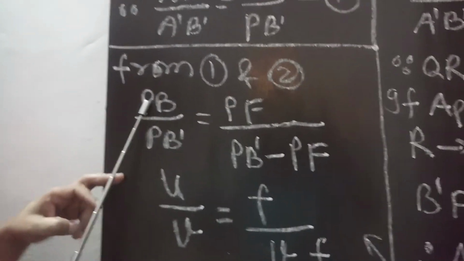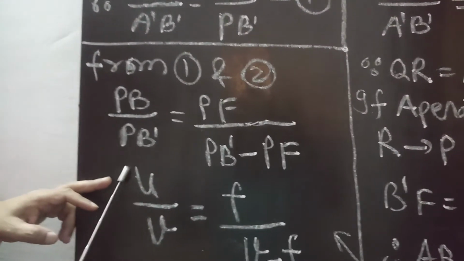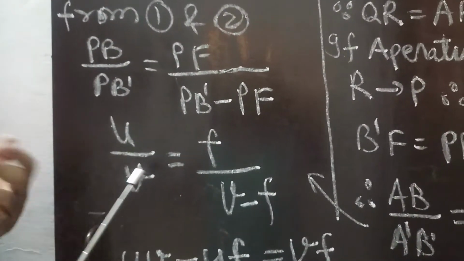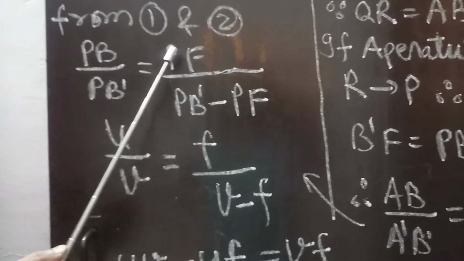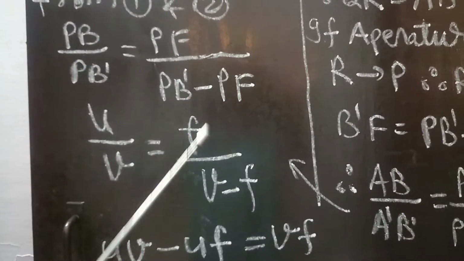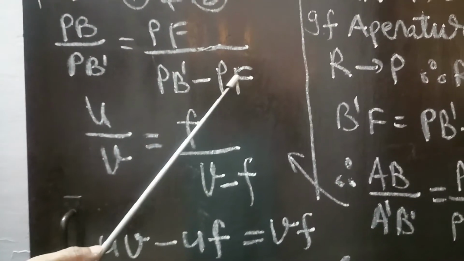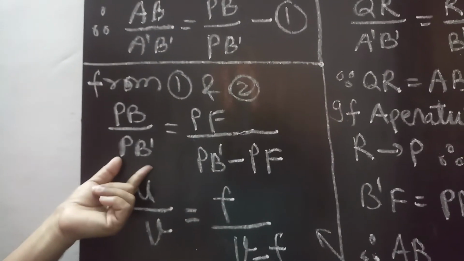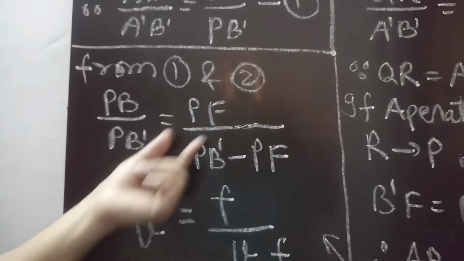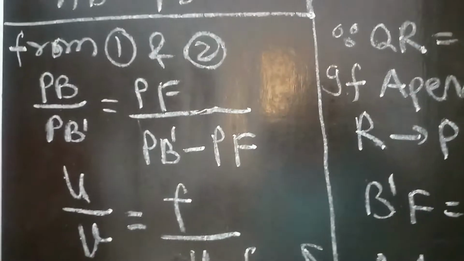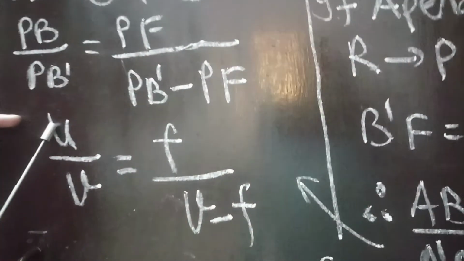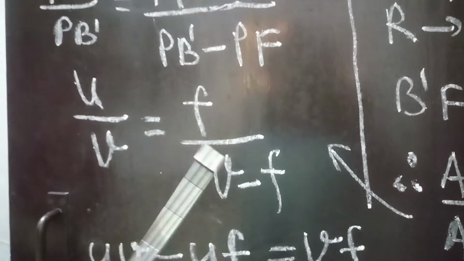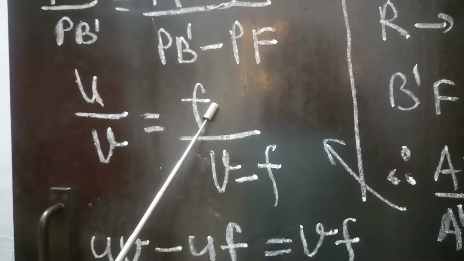Now PB is the distance of the object, put u, and the distance of the image v. All are towards the left, that's why I have not used signs. PF is f, PB dash is v, and PB dash minus PF is v minus f. So this is the distance of the object from the mirror, this is the distance of the image from the mirror, and this one is the focal length. Putting these values and cross multiplying, you will get uv minus uf equals vf.